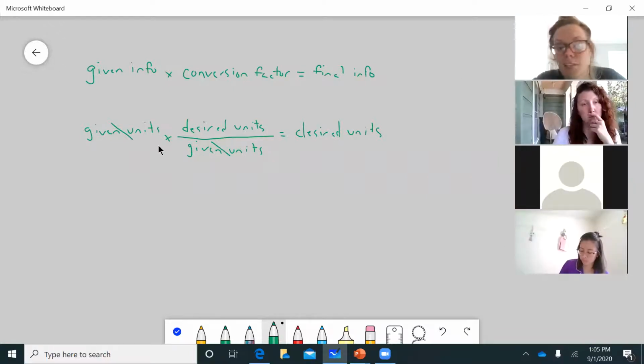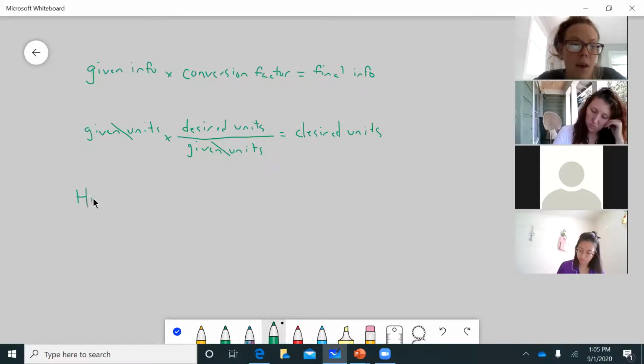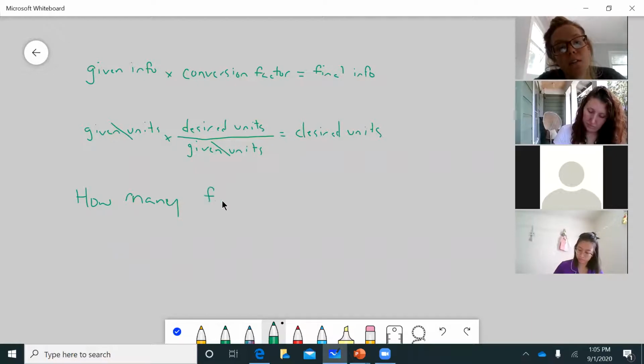So let's do one. I just feel like it's easier when we have an example. How many feet are in 108 inches?